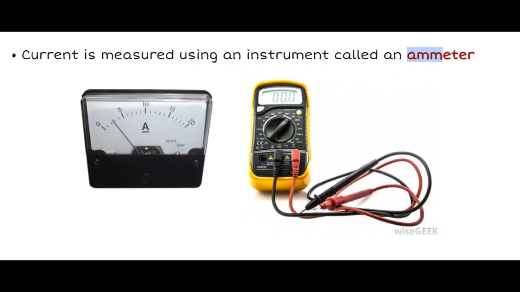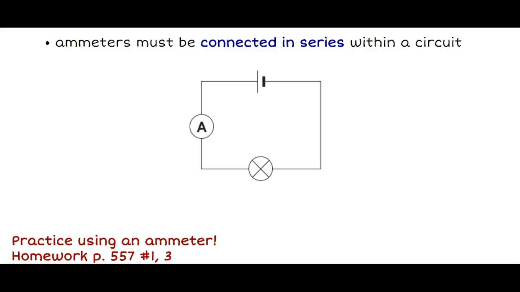Similar to a thermometer measuring temperature, an ammeter is simply measuring the amount of current flowing through a circuit. Now, since we've been talking about circuit diagrams and circuit symbols, it's important that you understand how to connect an ammeter properly, and what that's going to look like in your circuit diagram. We always connect ammeters in series, which means that there's only going to be a single pathway for those electrons to travel.